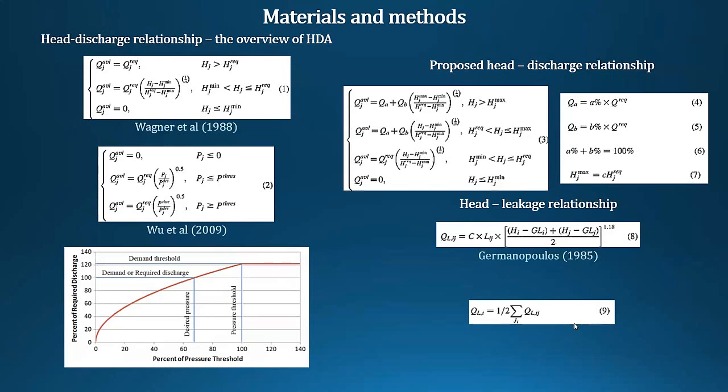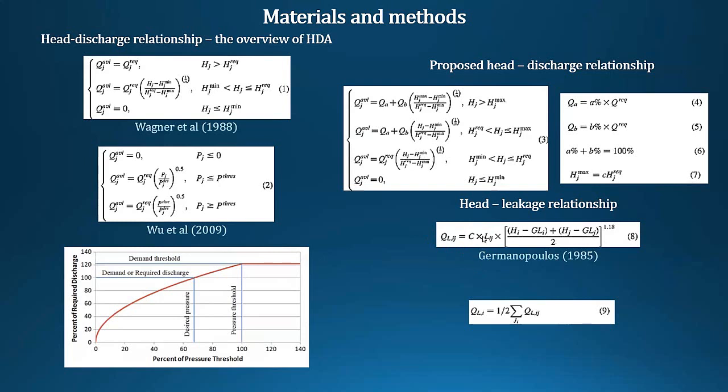This paper additionally has the head-leakage relationship. In the same way as the head-discharge relationship, we have some proposed equations. Among the most relevant is the one proposed by Giustolisi in 1985. These equations take into account the discharge from the point on the pipe, Fg, this term.